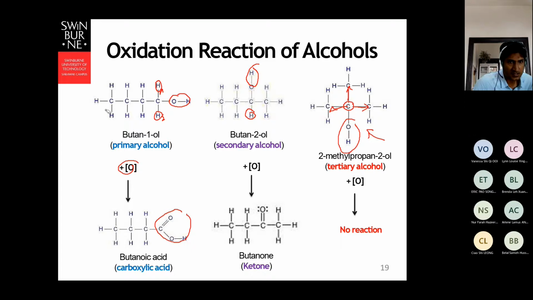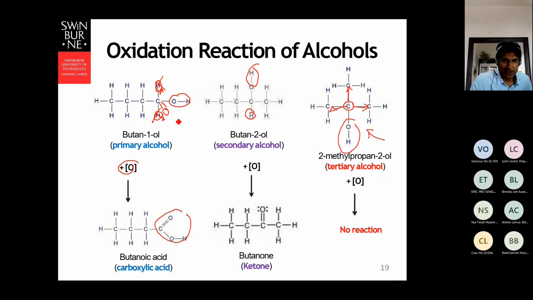So the hydrogens go away, the carbon has two arms free, and oxygen needs two bonds to make. That is how this bond is made, and this becomes the carboxylic acid.